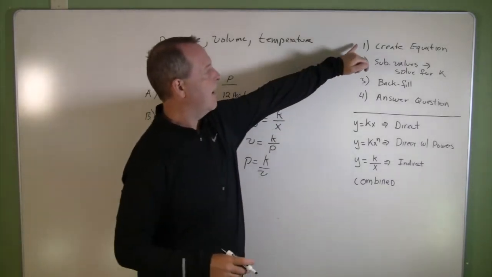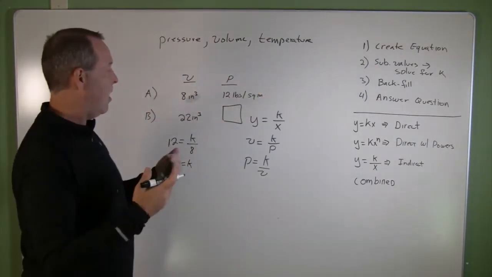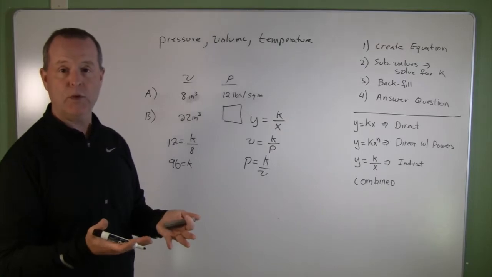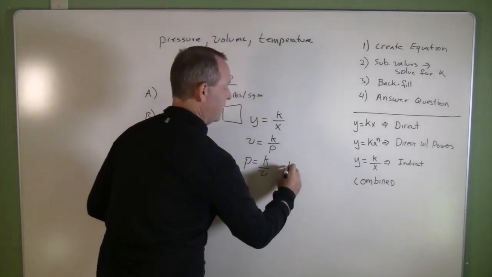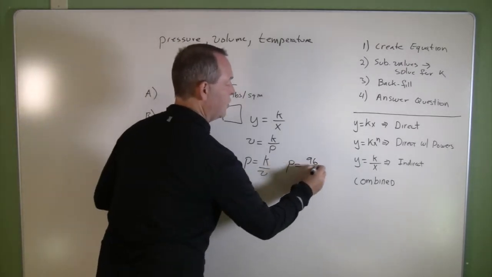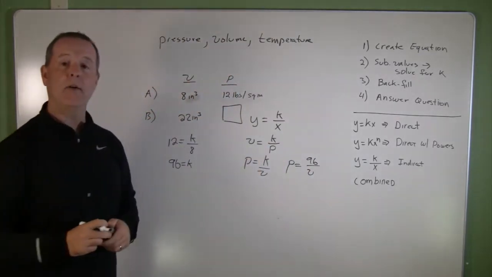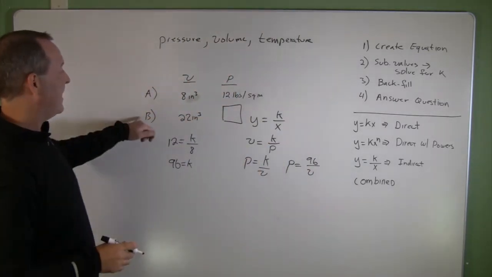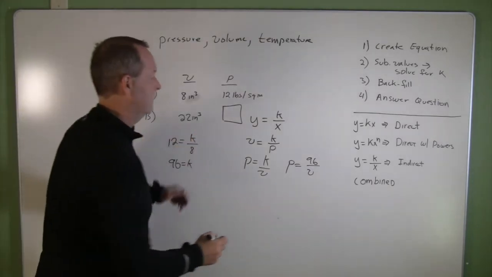In the first one, I created my equation, I substituted the values, and I solved for K. Now I'm going to backfill that, which means I'm going to take my new equation, pressure varies indirectly over volume, and my constant of proportionality is 96. My second situation is, what happens when the volume is 22?